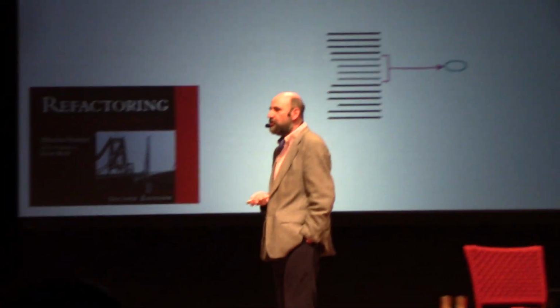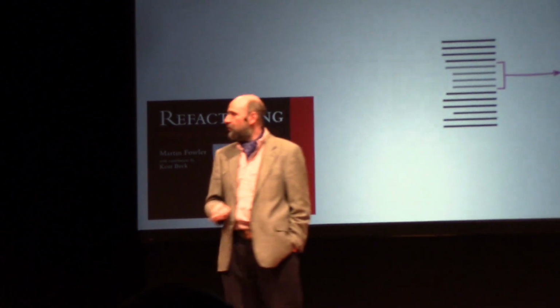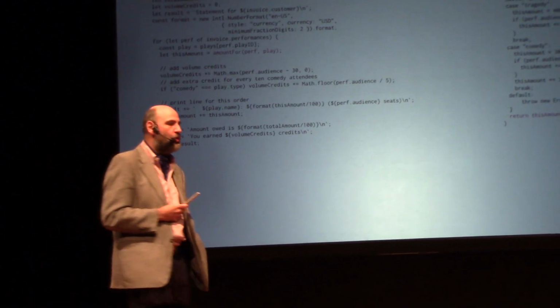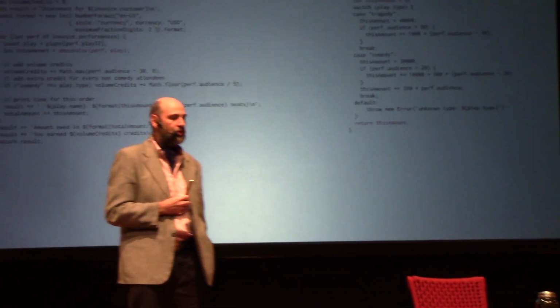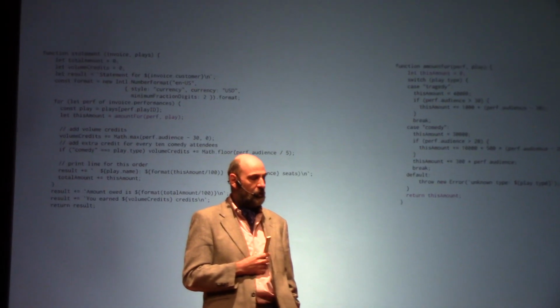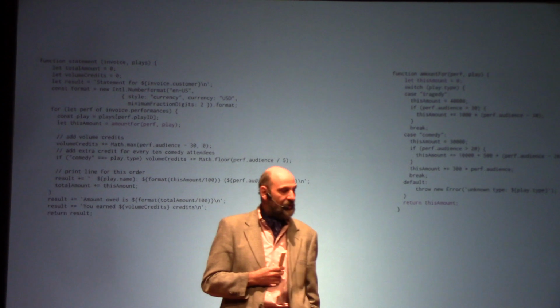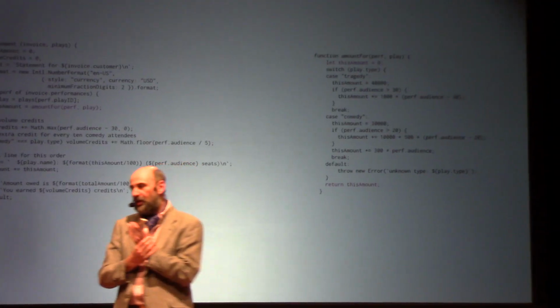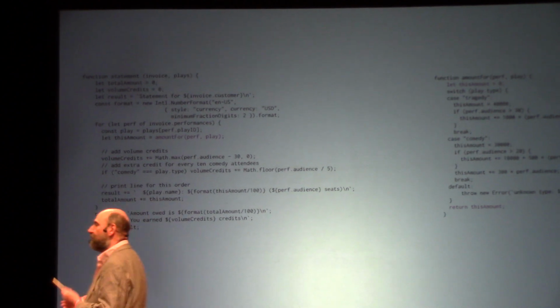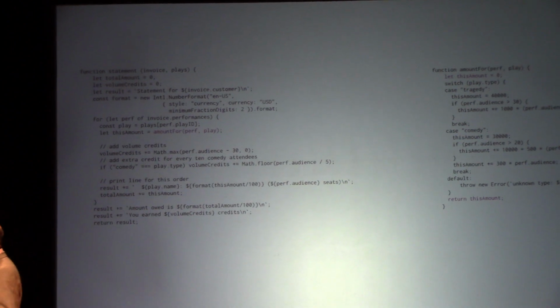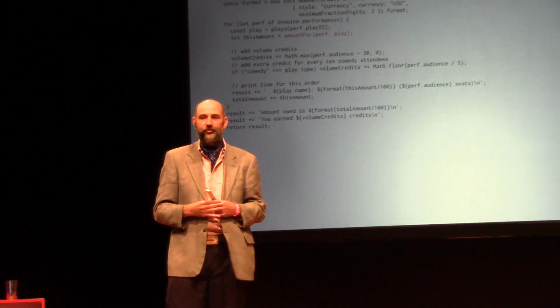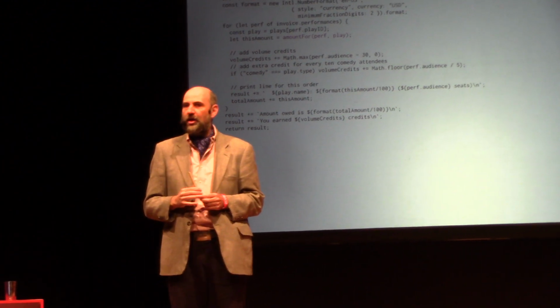What does extract function do? Well, those of you who know the book will know it basically takes that block of code and turns it into its own function. And as a result, we pull that out into its own place. And the great thing there is obviously we shorten the original piece, and we have created a kind of block around that piece of functionality that we put in.